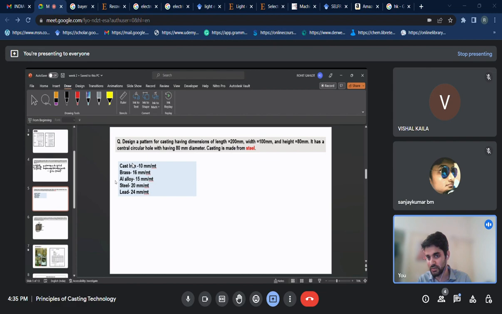Okay, we'll try to solve it, then we'll see how it is done. You basically need to calculate the length, width, and height for a steel pattern whose shrinkage is given. Previously it was given in percentage form; now it is given per meter.